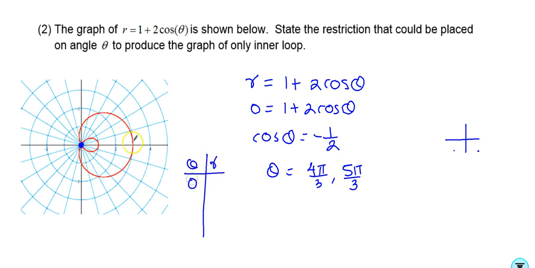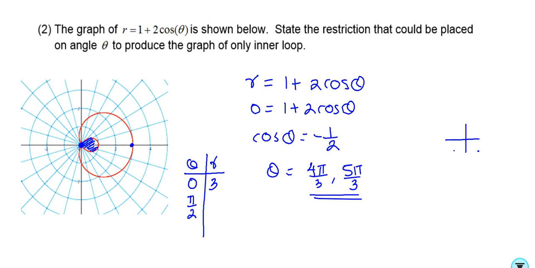When theta is 0, radius will be 3, because cosine of 0 is 1, 2 plus 1 is 3. When it's pi over 2, or whichever one you want, you can see what will be the radius. So between these two, the loop will be between 4 pi over 3 and 5 pi over 3.